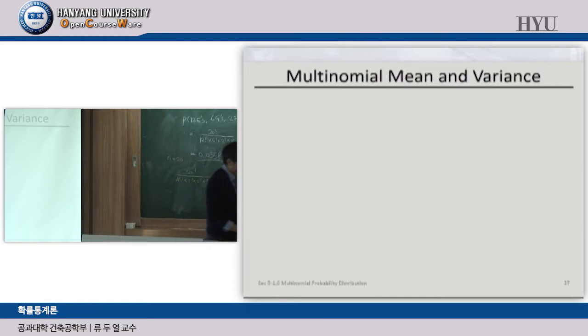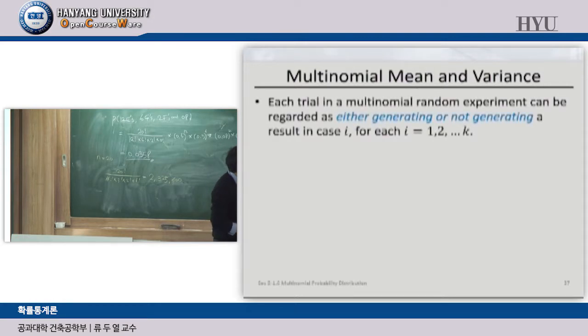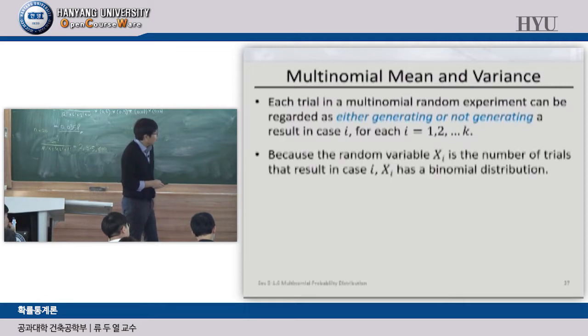Now we are going to learn about the multinomial mean and variance. Each trial in a multinomial random experiment can be regarded as either generating or not generating a result in case i, for each i from 1 to k.